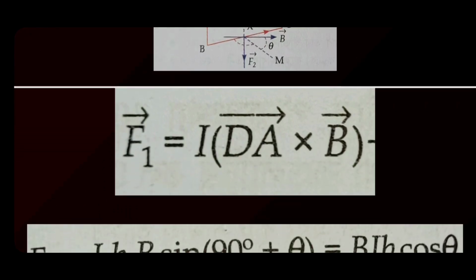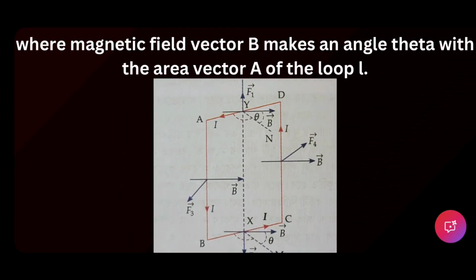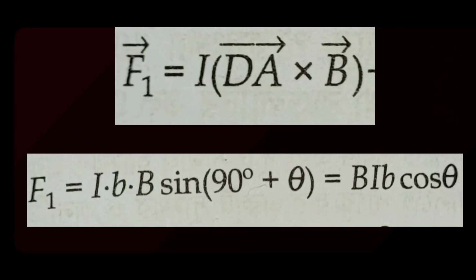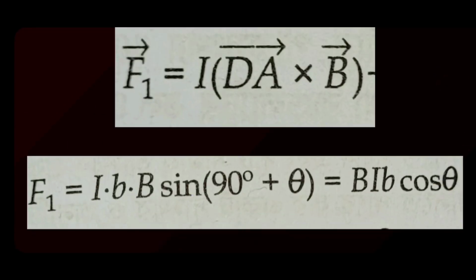Now F1 will be I DA cross B, and its value will be what? I B B sine of 90 plus theta. This theta comes because the area vector makes angle theta with the magnetic field. So this is B I B cos theta, right?